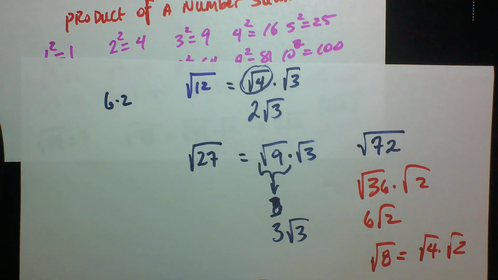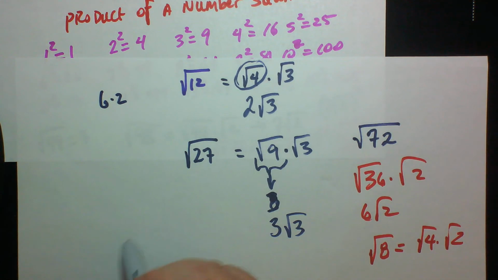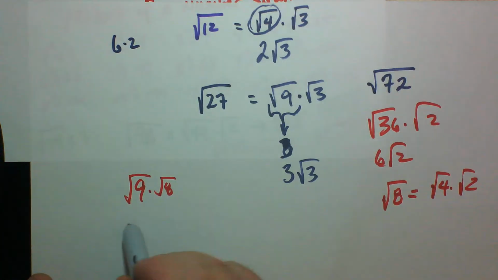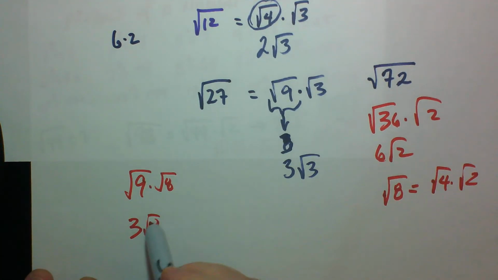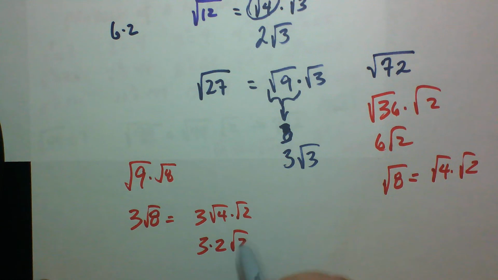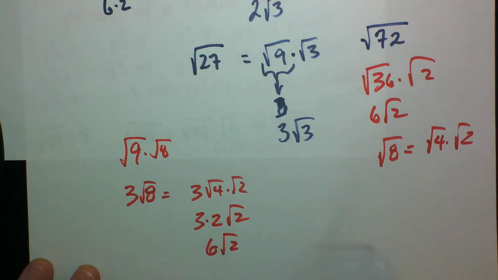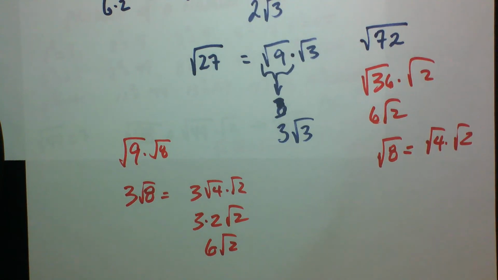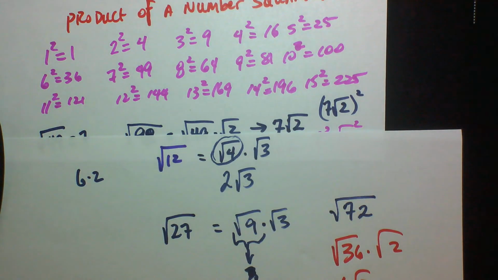You did 8 times 9. Okay, so you did 9 times 8. That's not wrong, it's just not done. Because if you look at the 8, that would be 3 times the square root of 4 times the square root of 2. So that would be 3 times 2 times 2. That's 6 root 2. See how much more work there is when you don't start off with the biggest one possible? So find the biggest one possible.